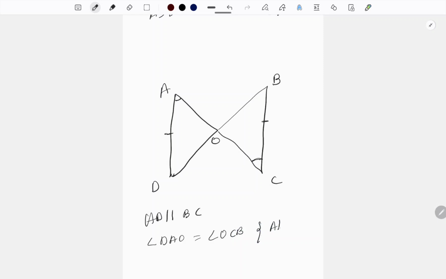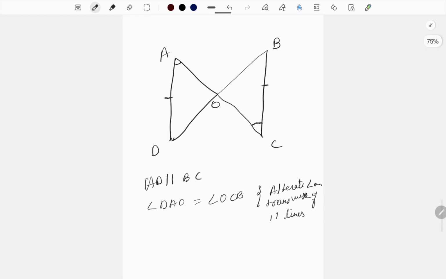This is alternate angle on transversal of parallel lines. Okay, this we have seen many times. Again, for this also, angle ADO is equal to angle OBC.